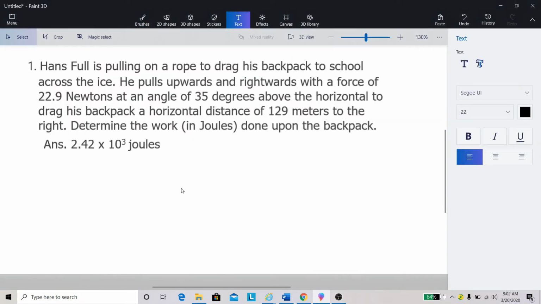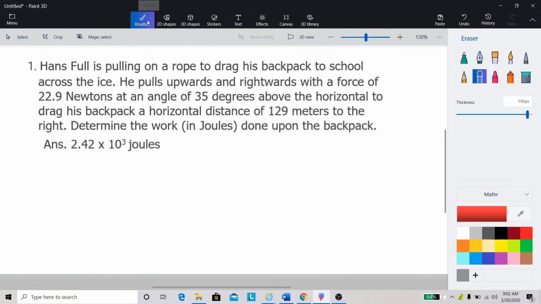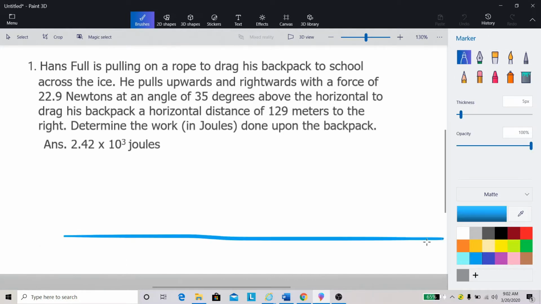Okay, meron tayo ditong problem. Hans is pulling on a rope to drag his backpack to school across the ice. O, kunwari may ice na naman tayo. Kunwari meron tayong box dito. I-represent lang natin sa box. Meron tayong pulling force, which is 22.9 newtons.